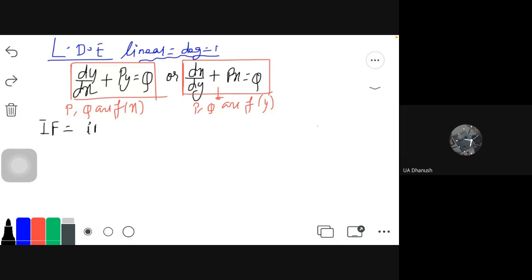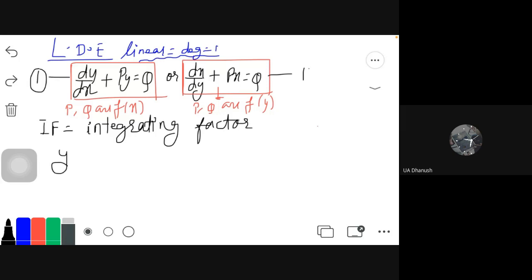The solution to the first type of differential equation is y into integrating factor is equal to integration of q into integrating factor dx plus c.